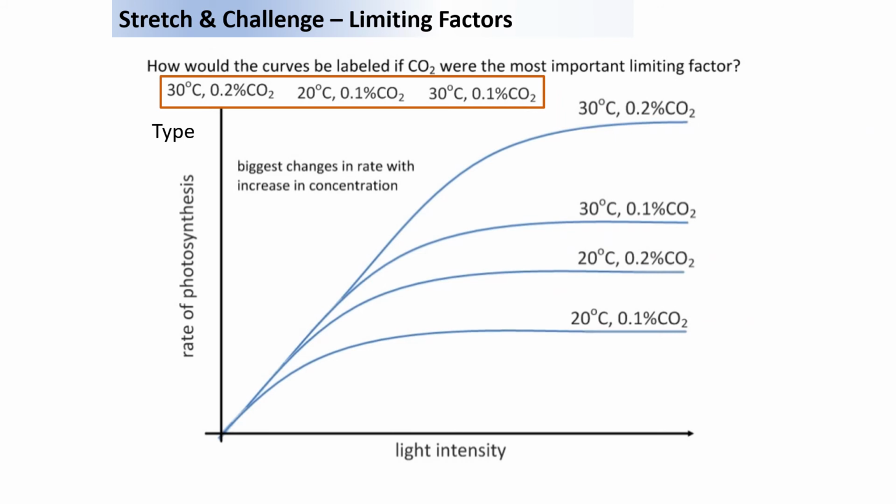So you can see that the top one is 30 degrees Celsius, 0.2% carbon dioxide, then 0.1%, then the temperature is 20 degrees Celsius. Even the carbon dioxide concentration is the same. And the last one, you can see that it is even lower when the carbon dioxide concentration is 0.1 and the temperature is 20 degrees.